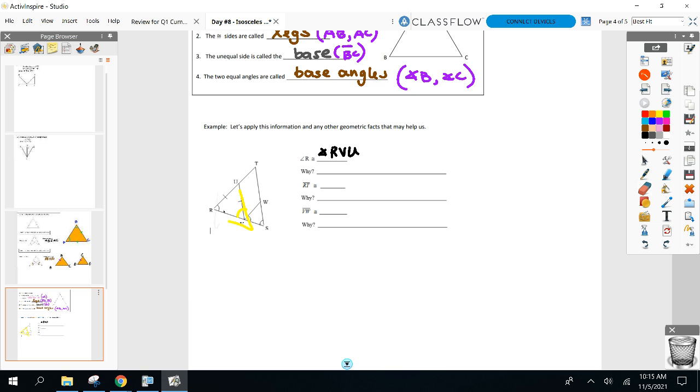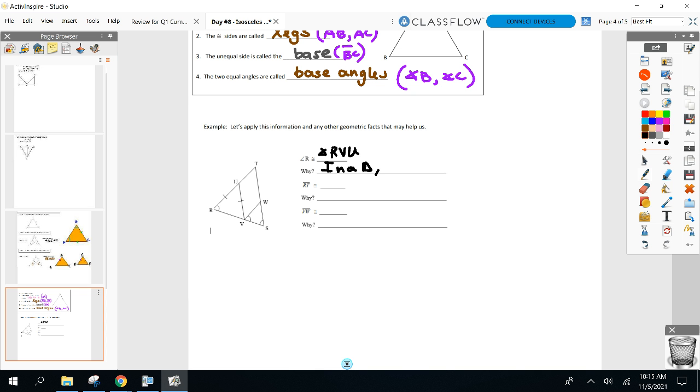All right, so the why part, and all I'm doing is getting you set up for Monday because you're going to put this why in the reasons column of your proof on Monday when we do isosceles triangle proofs. In a triangle. And unfortunately, yes, you do need that first part because this theorem I'm showing you today doesn't work in another figure, only a triangle.